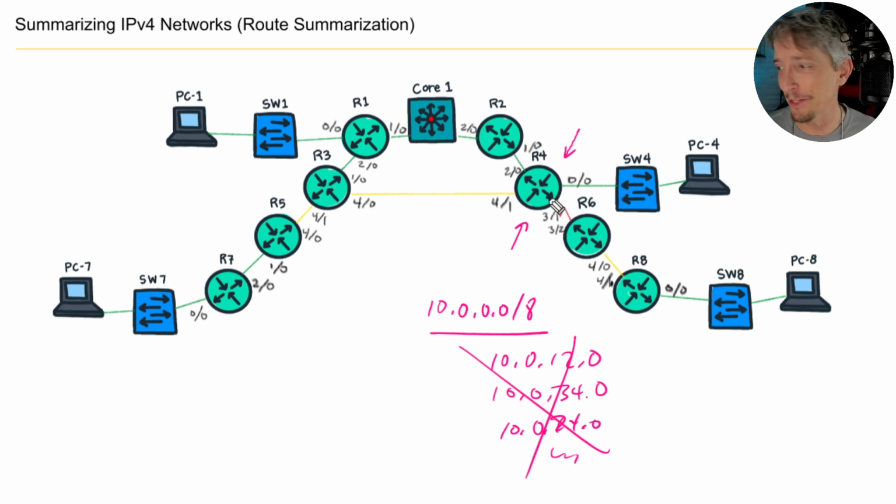Now, that's the good news and the bad news. I'll tell you why it's both. It's good news and bad news because in order to do that at R4, it has to be an area border router, which is beyond the scope of CCNA. But the way it works, and you'll see this in CCNP, is that an area border router is a router that's connected to the backbone and a non-backbone area. And at an area border router, we can do summaries like that with the range command.